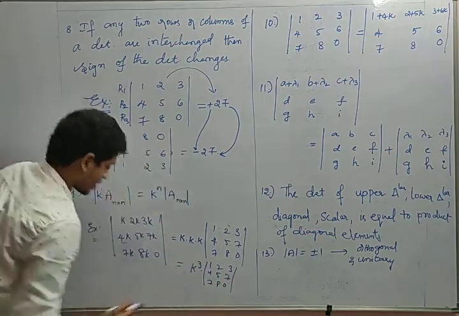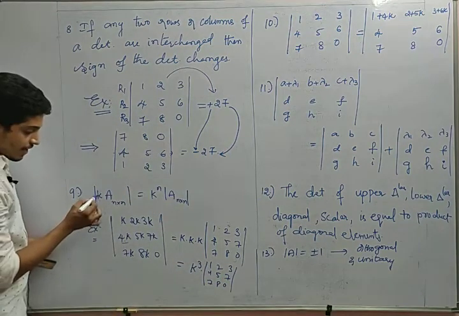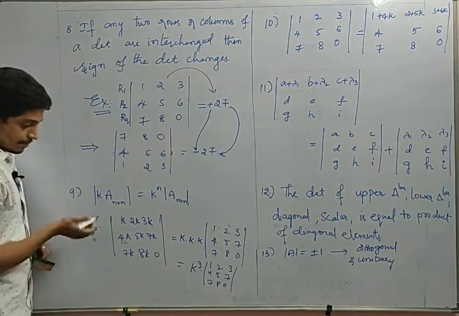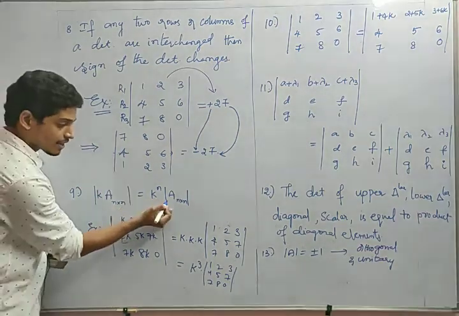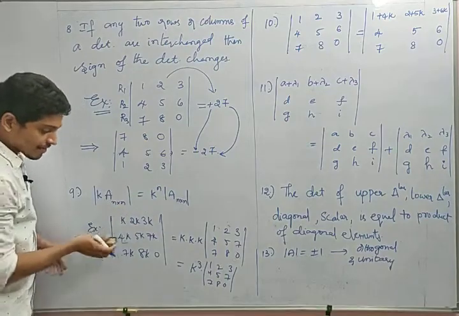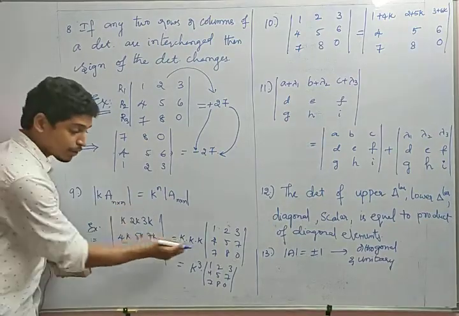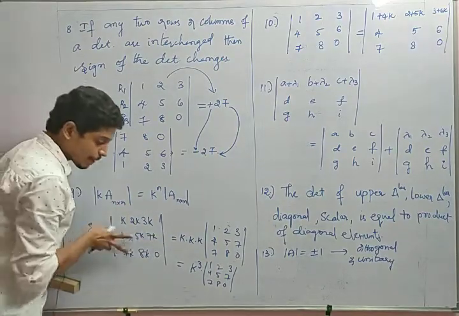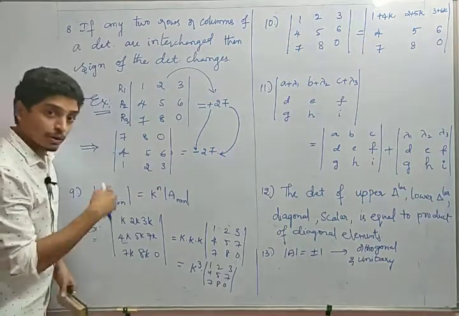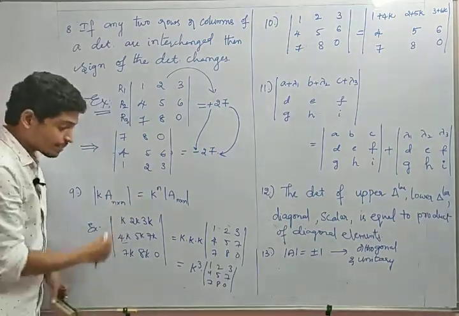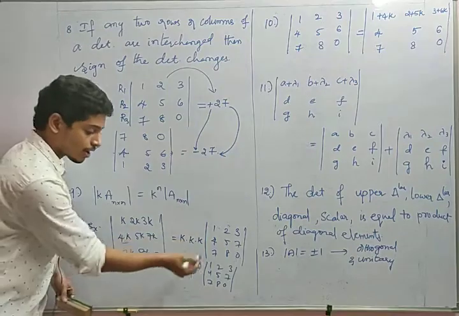See friends, if k is multiplied to every element, then k power order into det A. If k is multiplied to only one row, then only 1k will come. If k is multiplied to only two particular rows, only k power 2 will come. Here k is multiplied to every element, so k power its order.